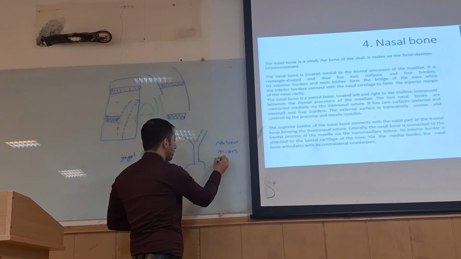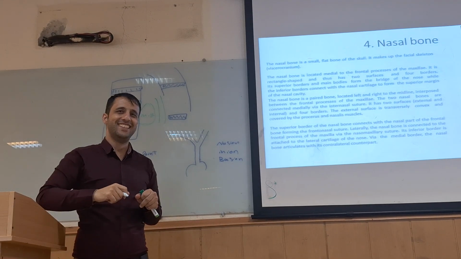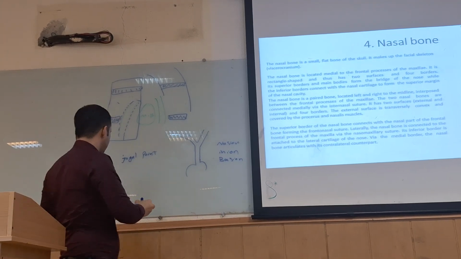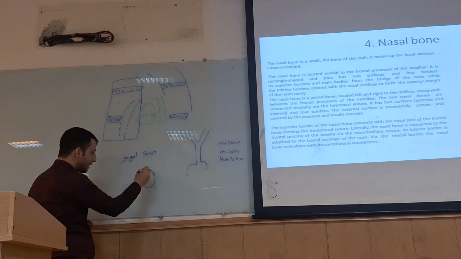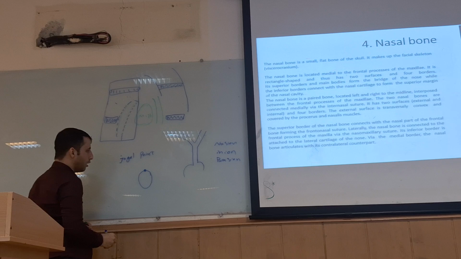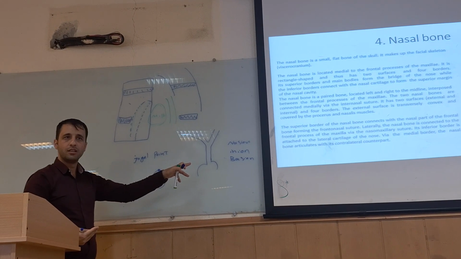What is basion? If here is the foramen magnum, the anterior border of the foramen magnum is named basion.